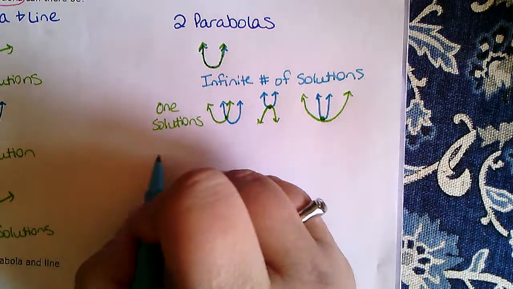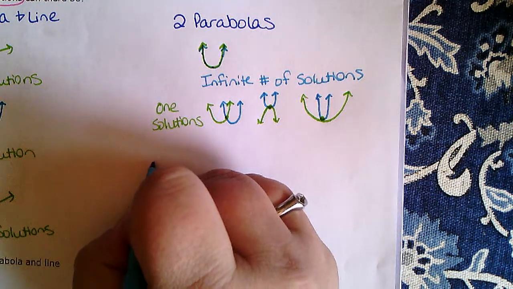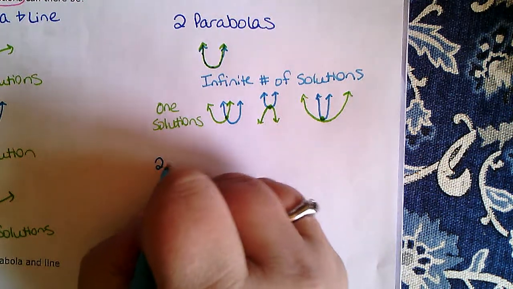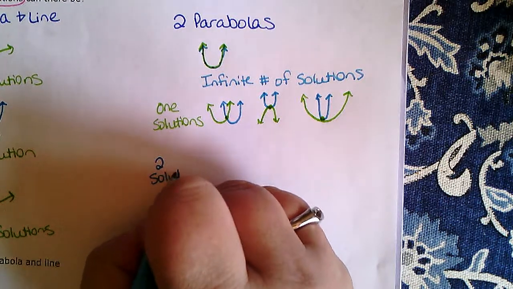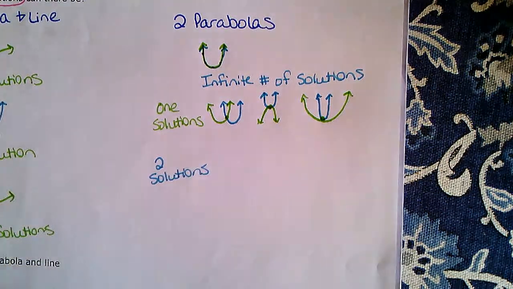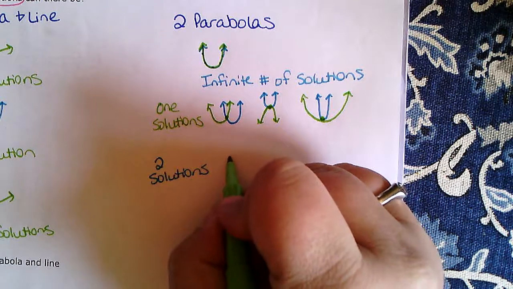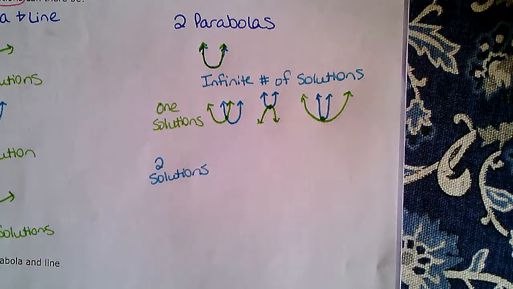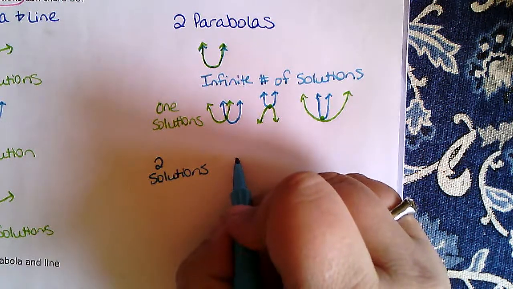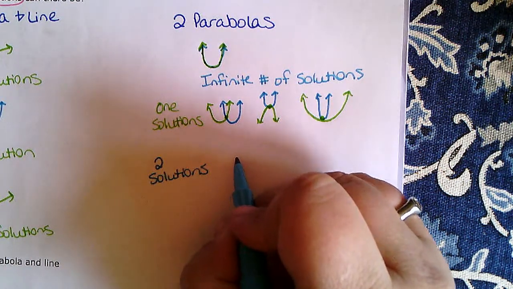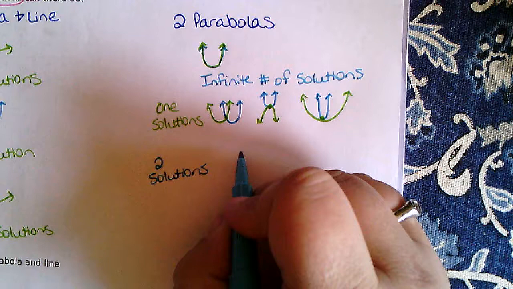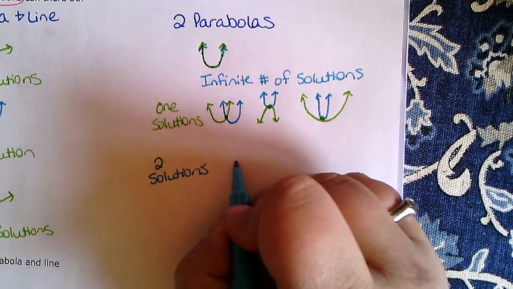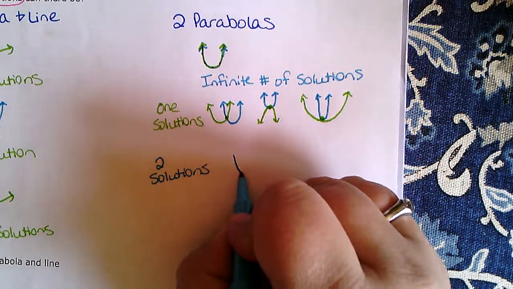You can also have two solutions. There's a bunch of options where they have two solutions. Why don't you go ahead and think in your brain, how would it look if you had two solutions? What are some pictures? If you can think of one, go ahead and pause it and draw it. There's a couple that I can think of.